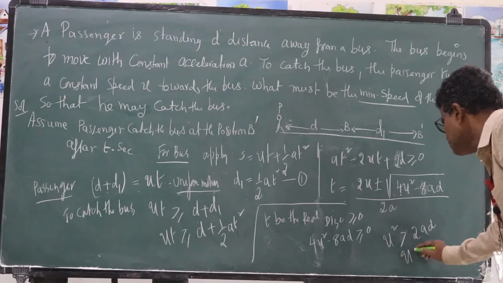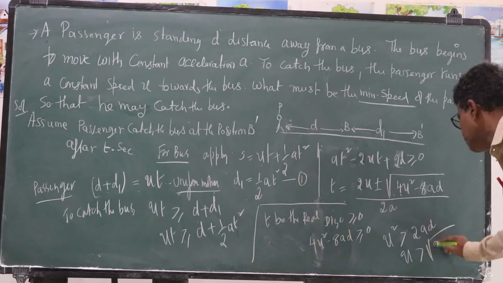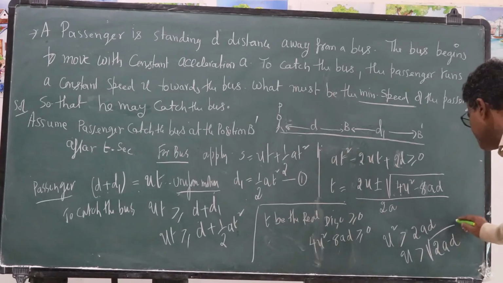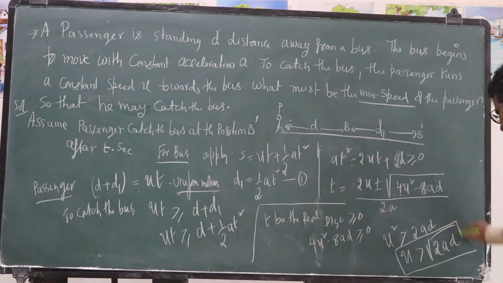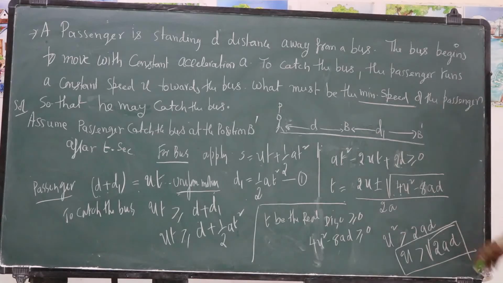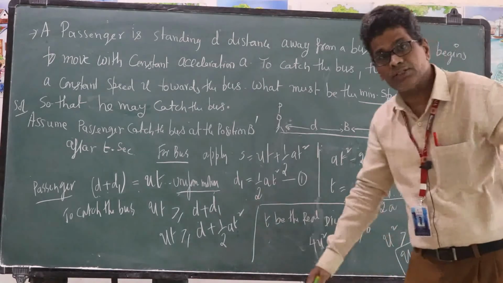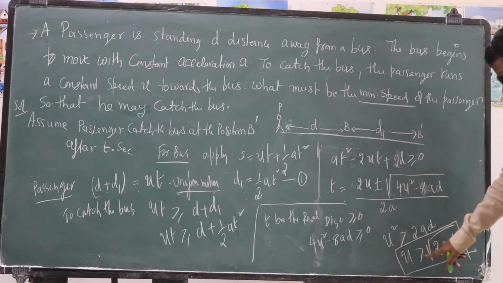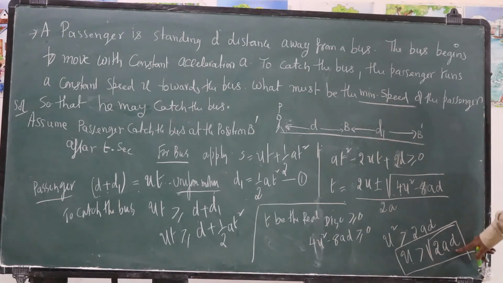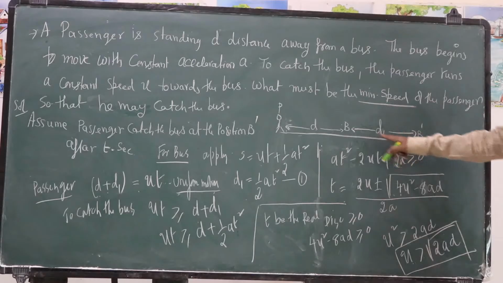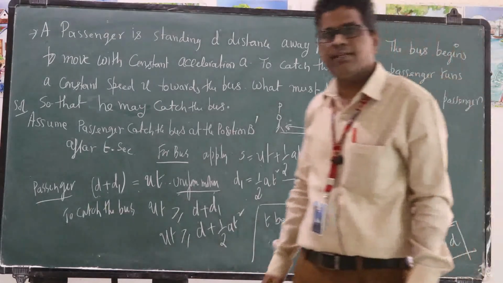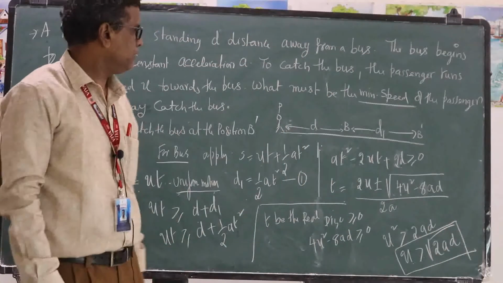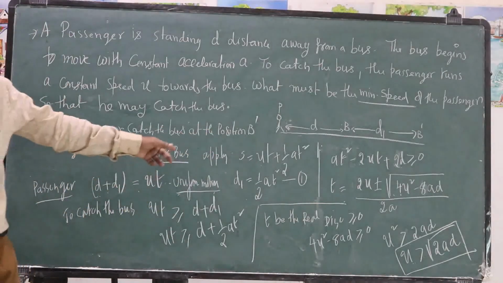So u should be greater than or equal to the square root of 2ad. This is the condition: the speed of the passenger u should be at least the square root of 2ad to catch the bus. That is the required answer. Okay, check once.